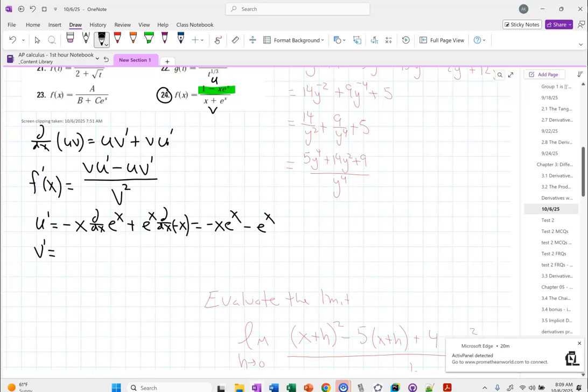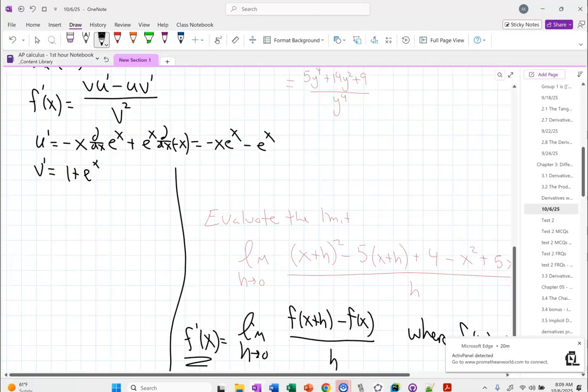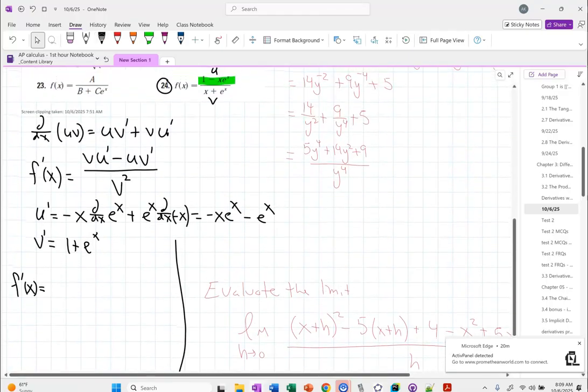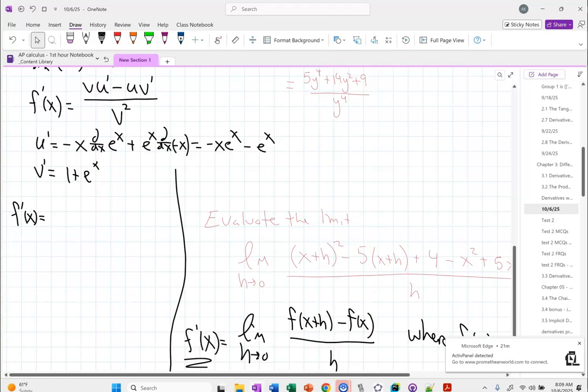All right. Derivative of v is 1 plus e to the x, right? So now if we plug this stuff in... Constant 0. The derivative of a constant is 0, but the derivative of x is 1. Yep. So what do we have?